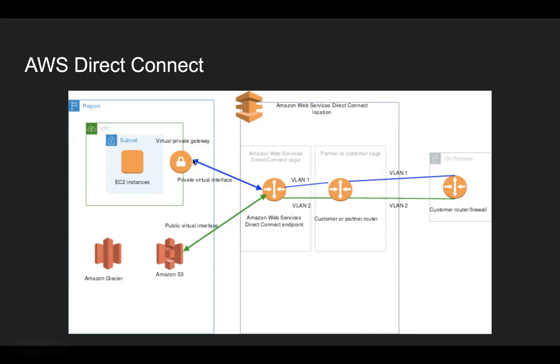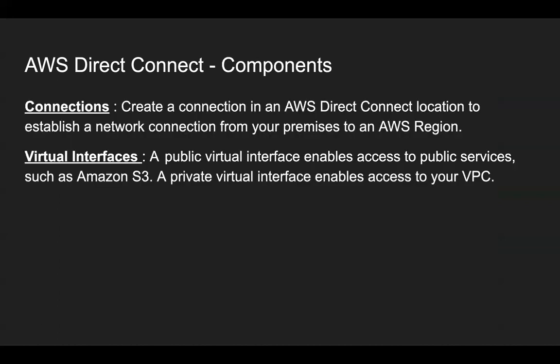So here you can create private virtual interfaces to talk to a virtual private gateway or a transit gateway to talk to your AWS VPC related resources, but you can create a public virtual interface to talk to AWS services that are on the internet, such as S3 and so on. So with this, I hope you got a decent idea as to how it works. Later, I will give you some more diagrams to make it more clear.